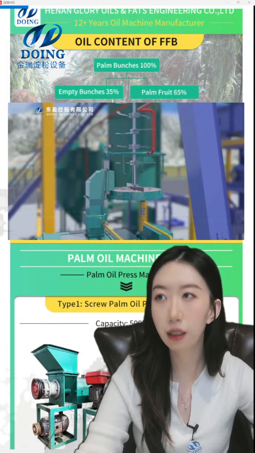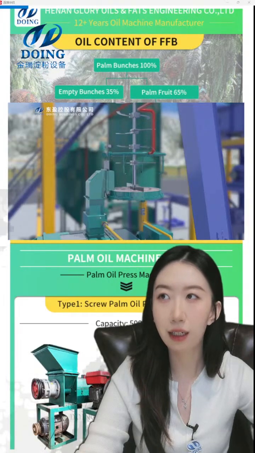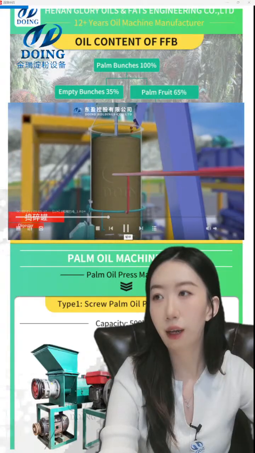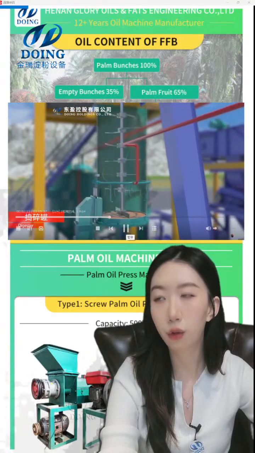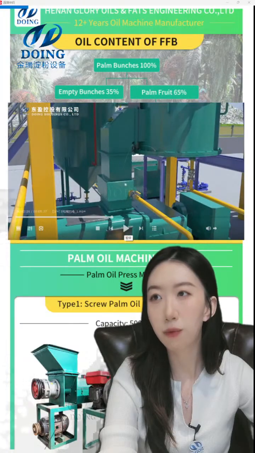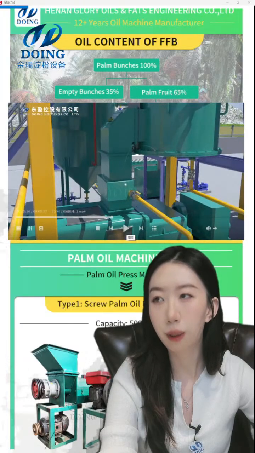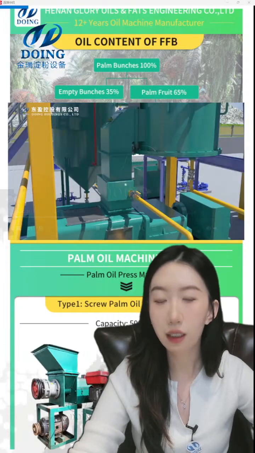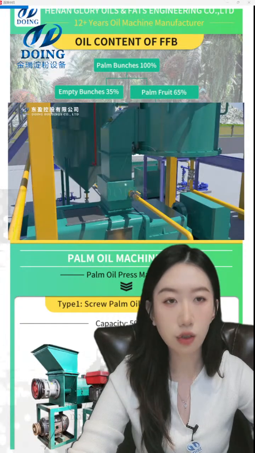And in the digester, there are stirring knives and a heat coil. The palm fruit will be heated again inside, and the structure of palm fruit will be destroyed.